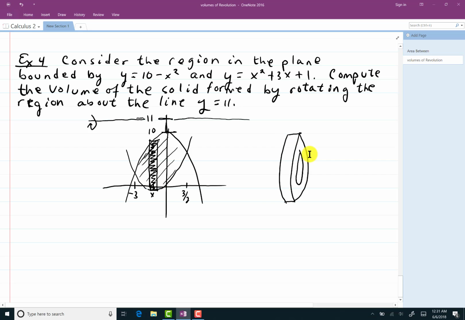Now what we need are two things. We need a smaller radius, that would be little r, and then we need an outer radius, that one right there would be big R. Better yet, let's do it this way. From here to there, this distance here, that's little r.